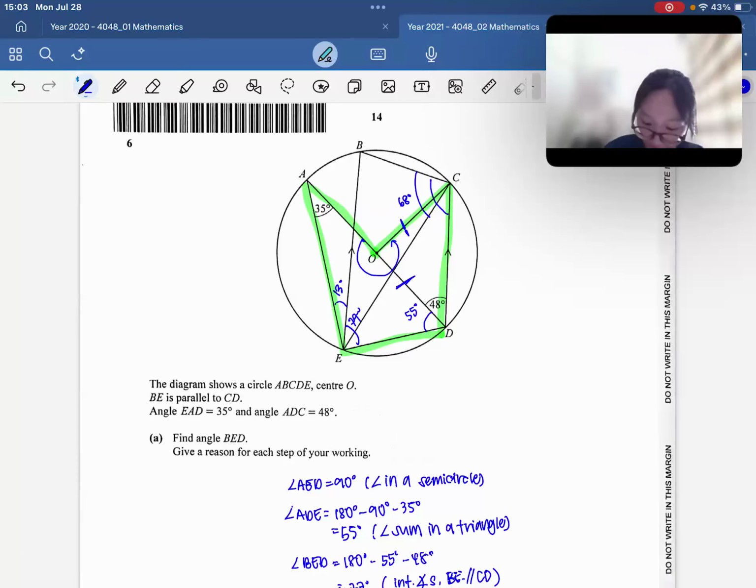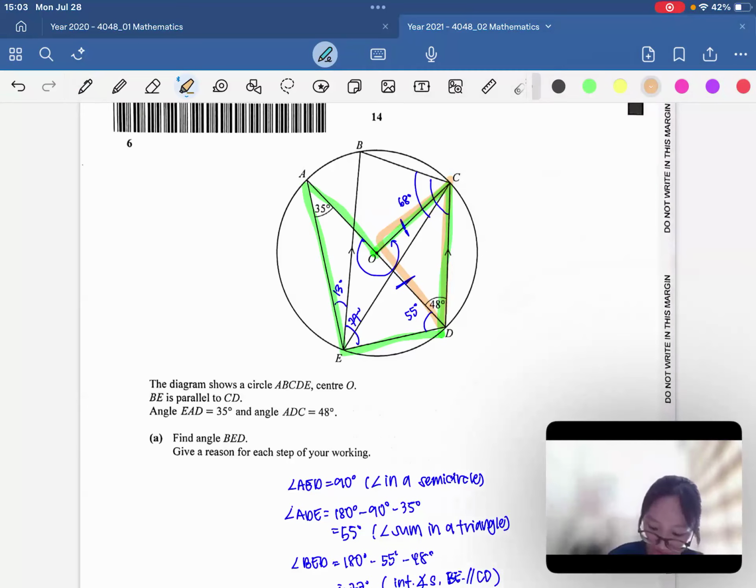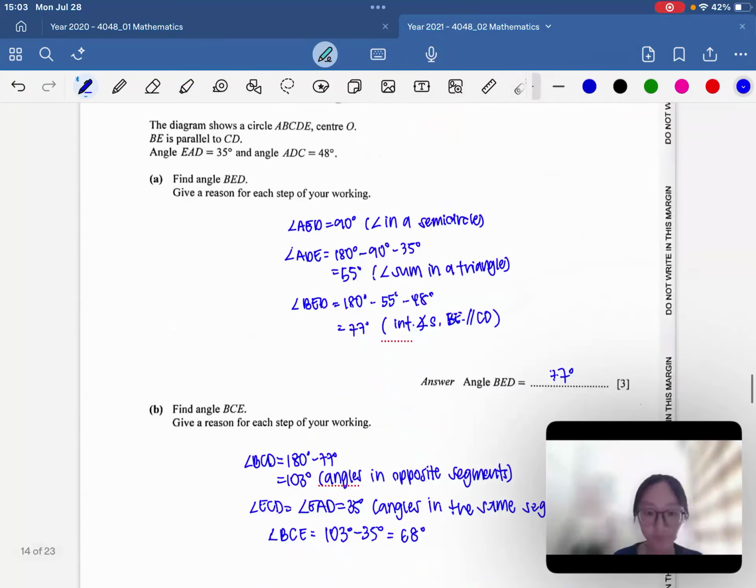So we know that this is an isosceles triangle here. Now we are going to find the angle over here, angle DOC.